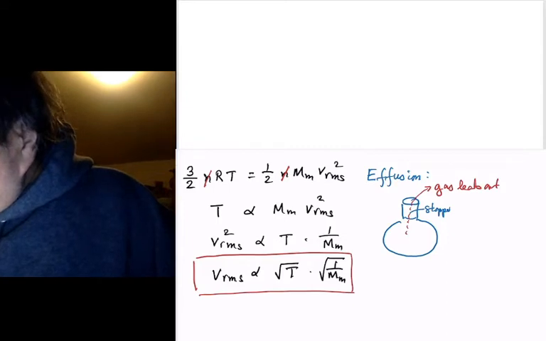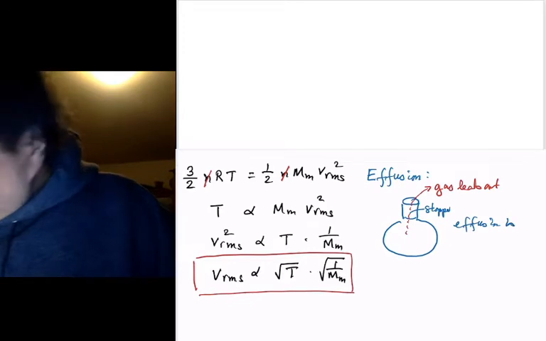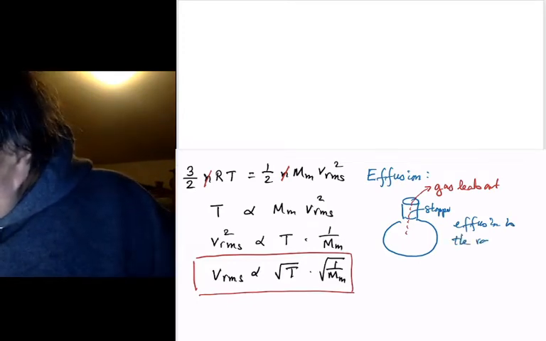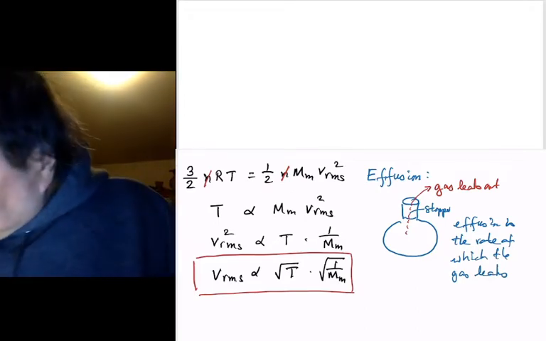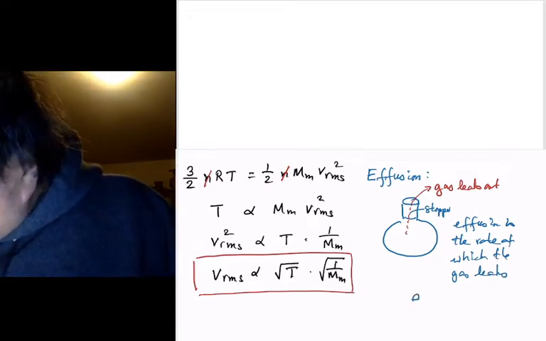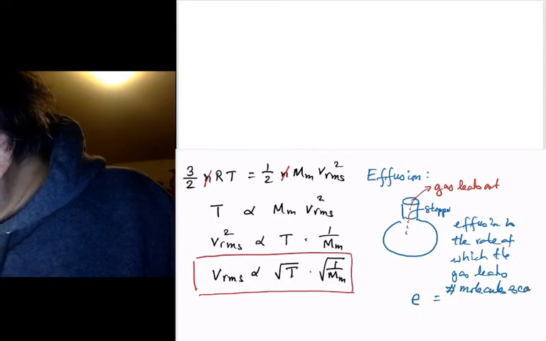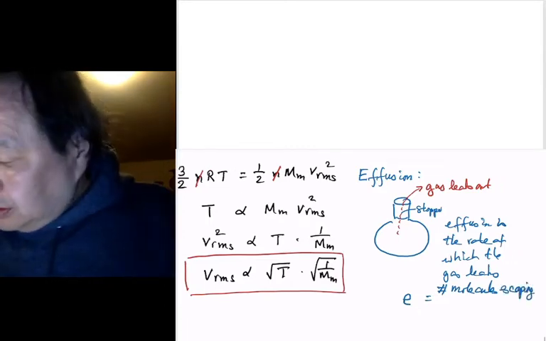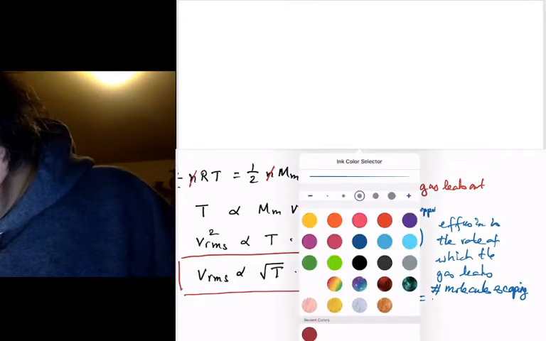And effusion is the rate at which the gas leaks. Effusion will go by the letter E, is equal to the number of molecules escaping divided by the given time.